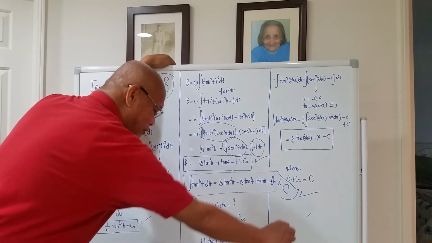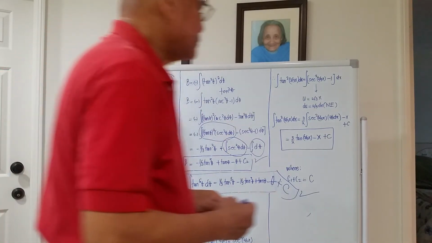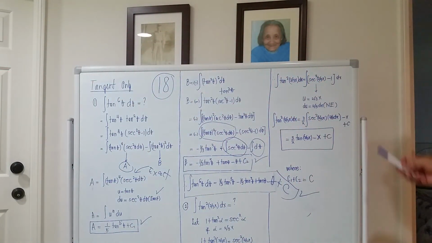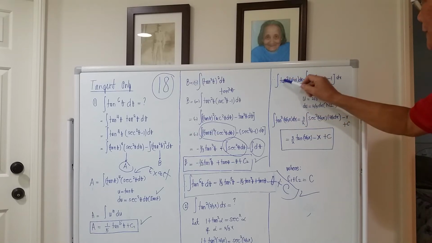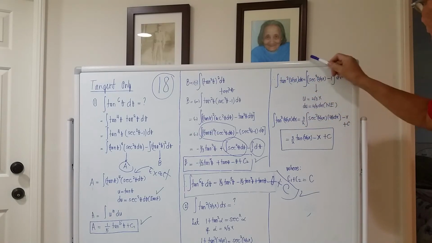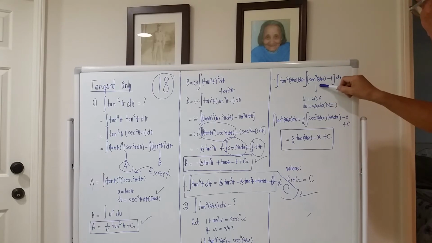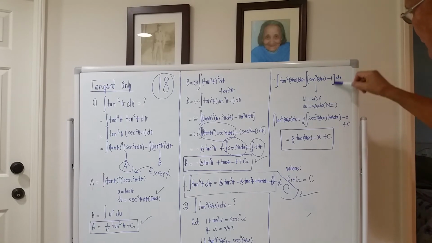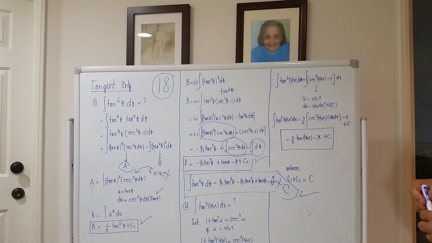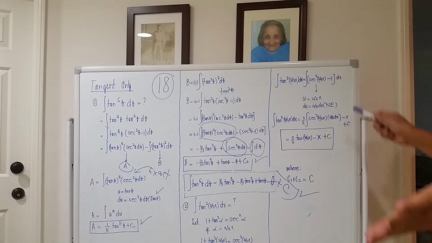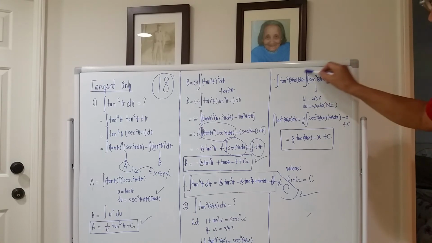We transpose this on the right. Therefore, the integral of tangent square of 2/3 x dx equal to the integral of secant square of 2/3 x minus 1, close bracket, dx. After replacing the tangent in terms of secant, the right hand side is now integrable.